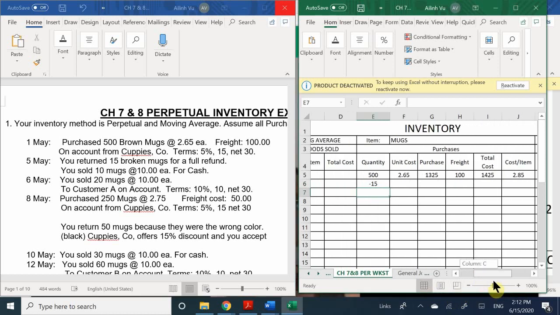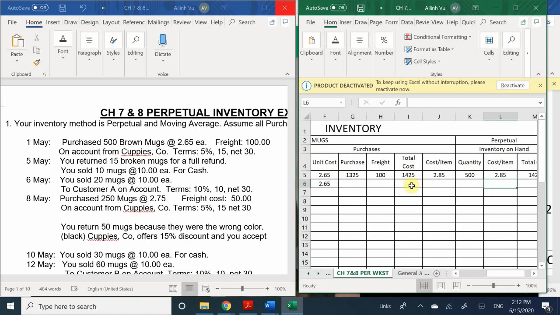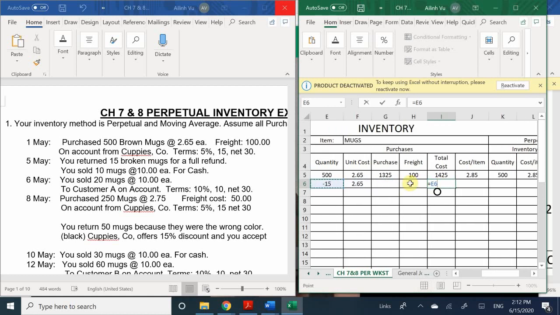And if each item cost you $2.65, my total cost of the return is going to be equal to this times this, to get negative 39.75.